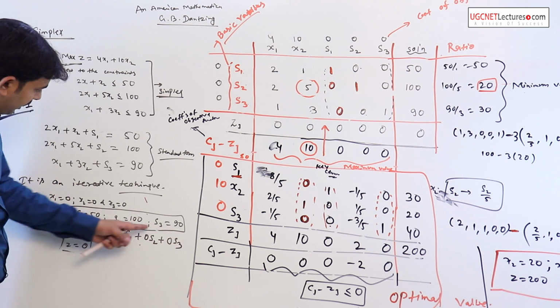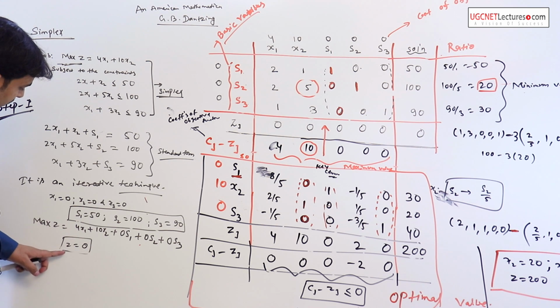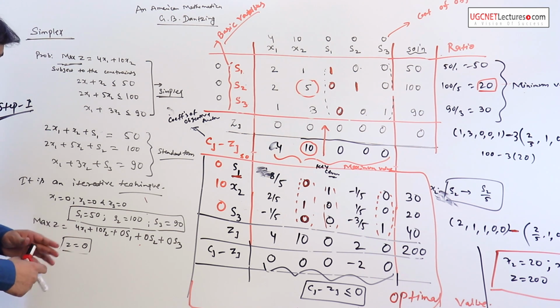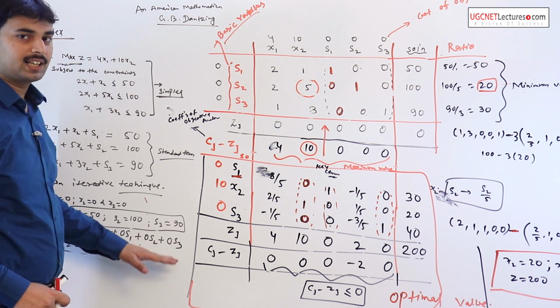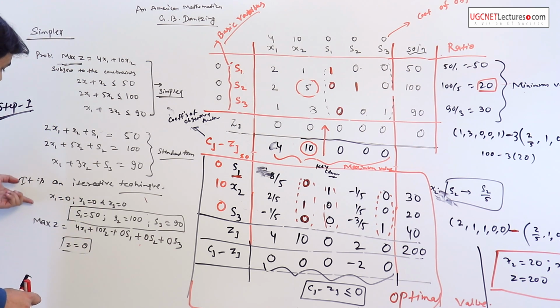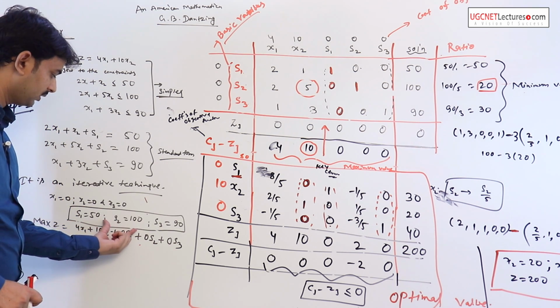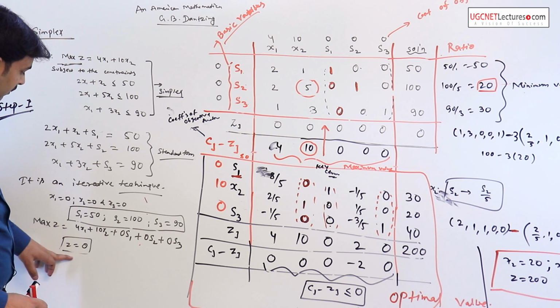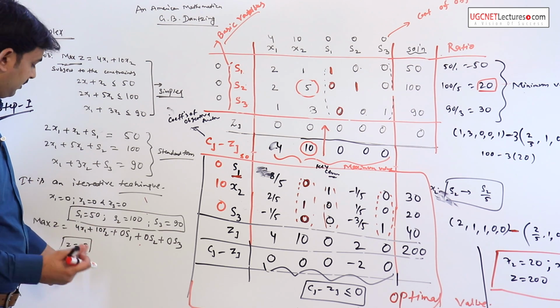So if we put all the things, we have to find z equal to 0. Since the simplex method is an iterative approach, we start with some basic feasible solution and improve the result.